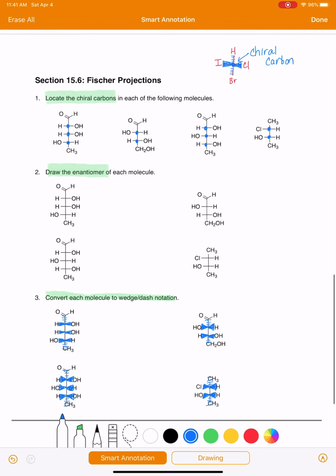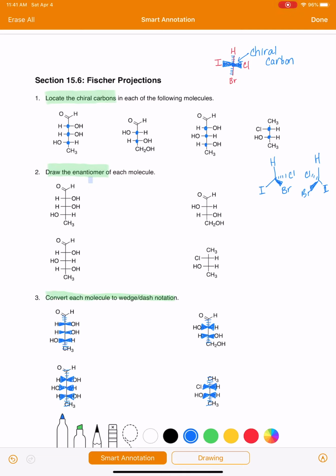So now let's do the last part, draw the enantiomer of each molecule. And when we were drawing enantiomers with the normal wedge dash notation, I told you there were 2 different ways that you could draw the enantiomer. One way would be to just draw the absolute mirror image like this. That's one of your options.